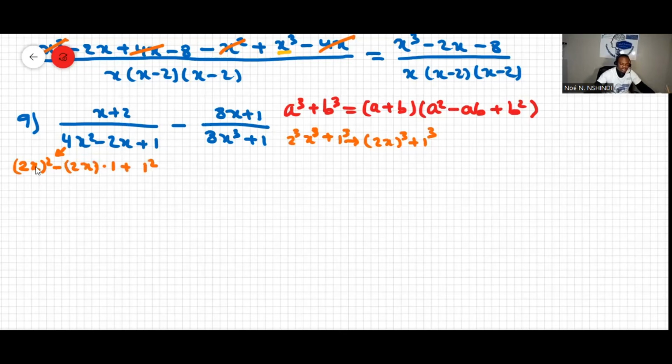So if this is a and that is b, then a plus b, and this part is a squared, so 2x squared, minus ab, which is 2x times 1, and then plus b squared.